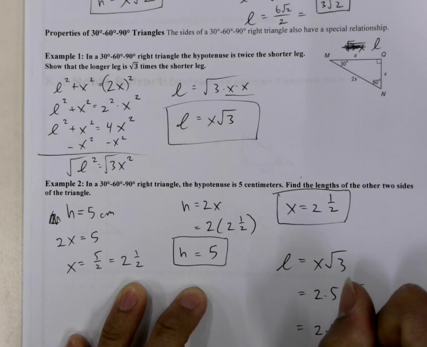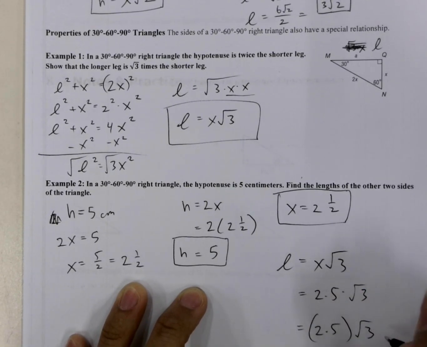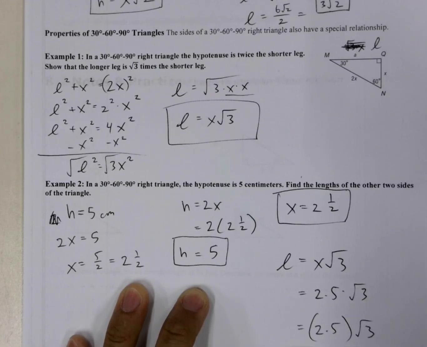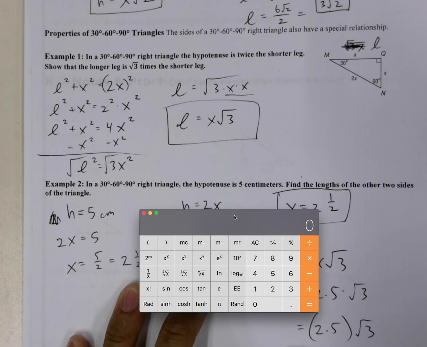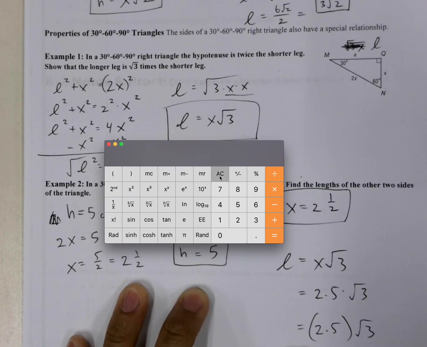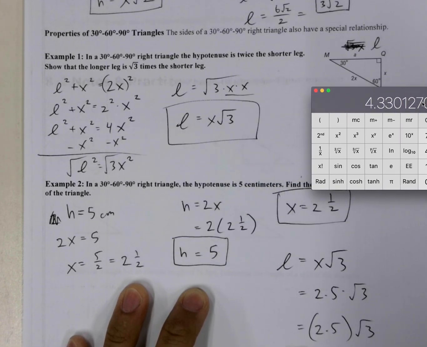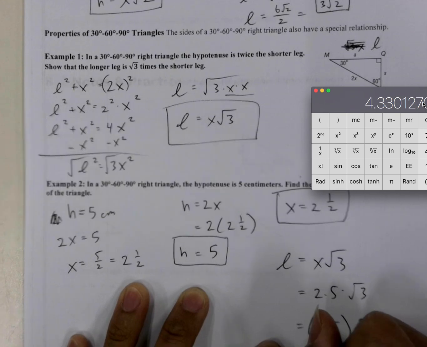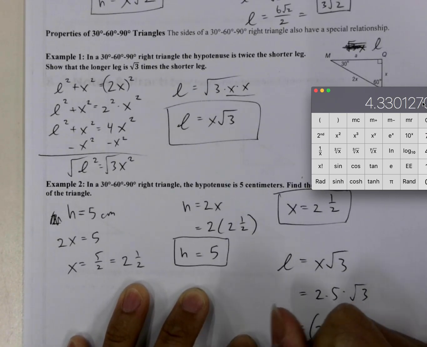So it's 2.5 times square root 3. And if I drop that into a calculator, square root of 3 times 2.5, so 4.33. So it's equal to 4.33.